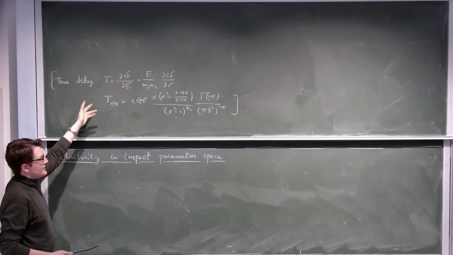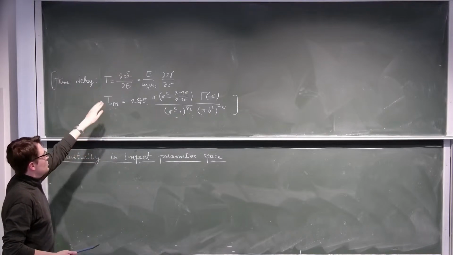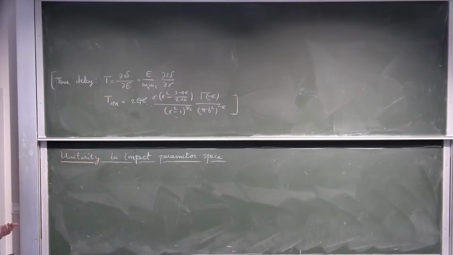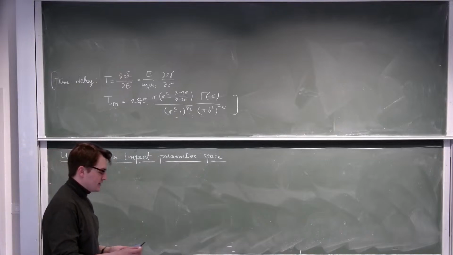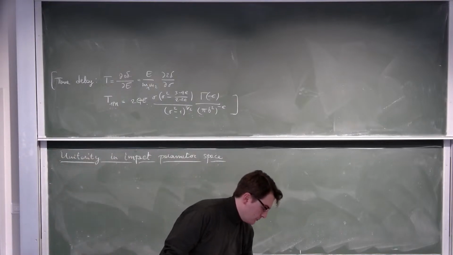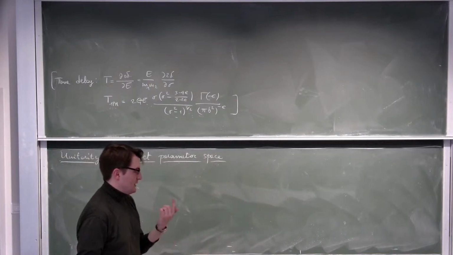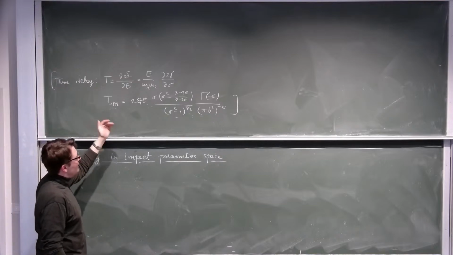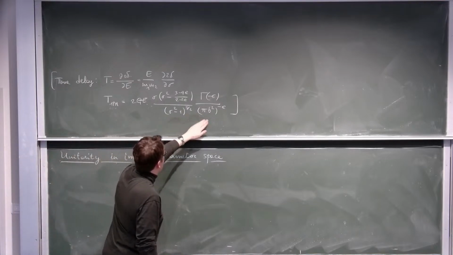And the result of the stationary phase approximation is a prediction for this time, which is a time delay. It's essentially the time delay that is experienced by each object as a consequence of the presence of the other one.